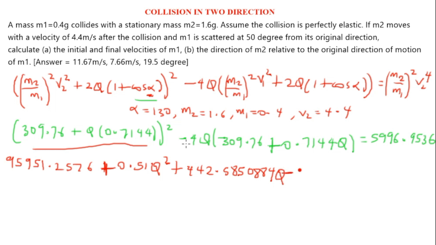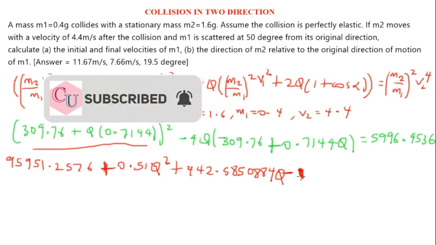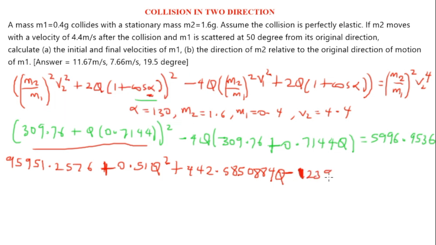Then minus 4 multiplied by this will give us minus 1239.04q, then minus 2.8576 q squared, then minus 5996.9536, which is equal to 0.